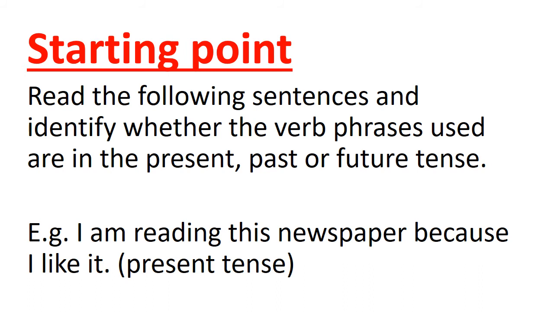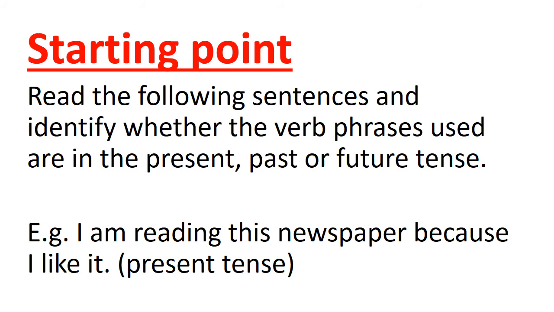Now let's go to starting point. What you have to do? Read the following sentences and identify whether the verb phrases used are in the present, past or future tense. Very easy. You know how to recognize present tense, past tense and future tense. Past tense has got past tense verb. Present tense has got present verb.